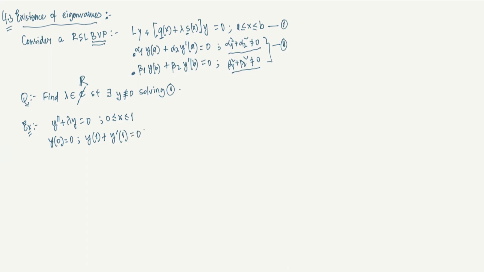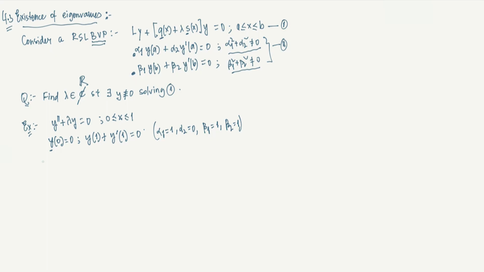This is just some problem we are considering. Here alpha 1 is 1, alpha 2 is 0, beta 1 is 1, and beta 2 is 1. So this is a regular Sturm-Liouville boundary value problem, no issues.